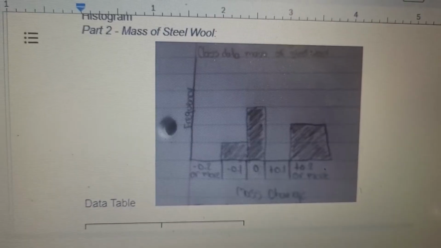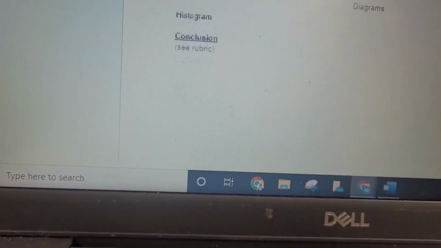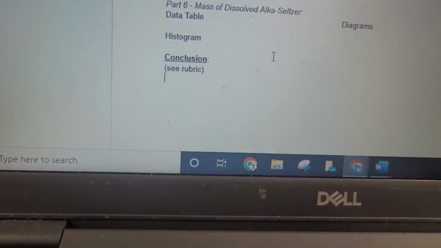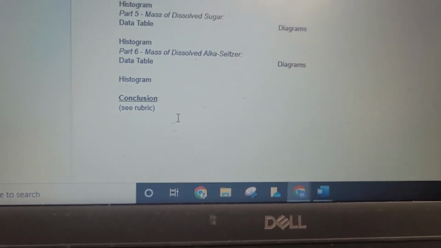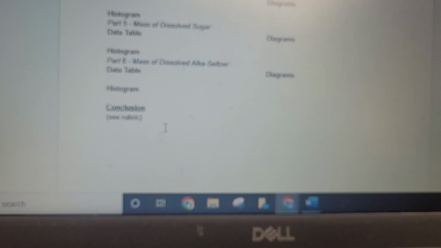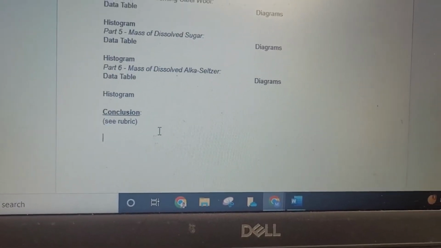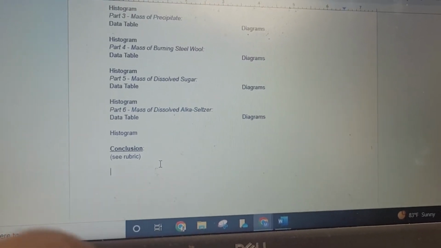So we are going to put in our lab report, in our conclusion, we're going to come down here to our conclusion, and it says see rubric here, right? So you go back to that rubric, and we're going to say that station 2 was one of the ones that had no mass change. Now, if your class data is different, you have to put what your data has.